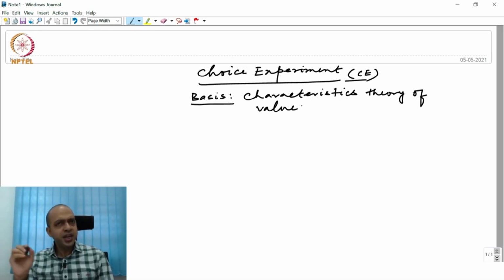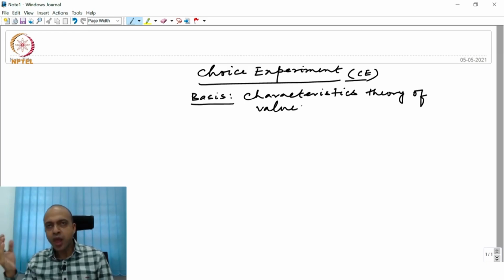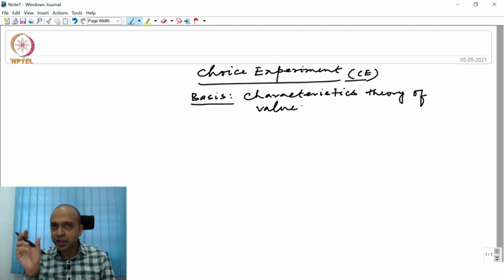Any product is basically a summation of different attributes. If we can estimate the value of its different attributes individually, then the sum of the values of its different attributes is the value of the product. That is what the characteristics theory of value says, and that is the basis of this choice experiment.